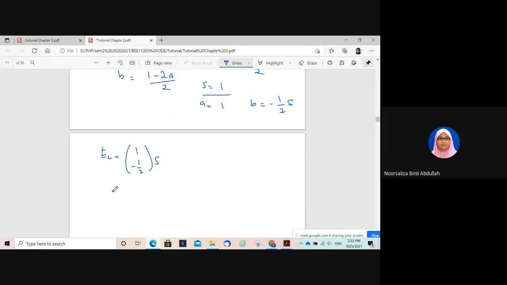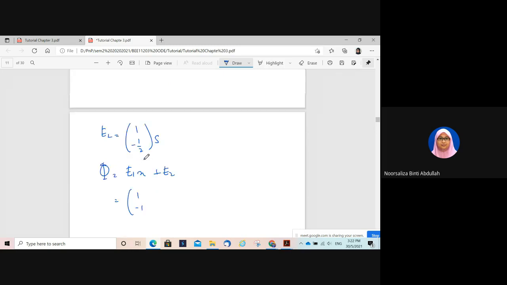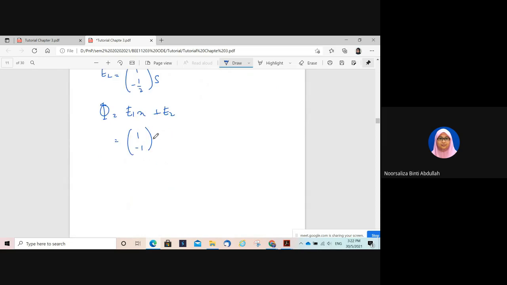Then eigenvector 2 is equals to E1x plus E2. E1x is 1 minus 1, x plus E2 which is 1 minus 1 over 2. Then this one is x plus 1 minus x minus 1 over 2.